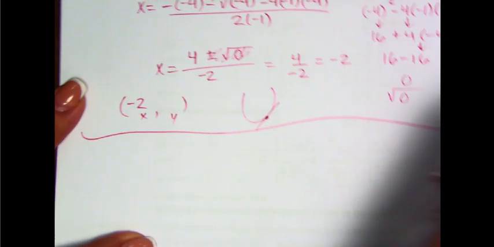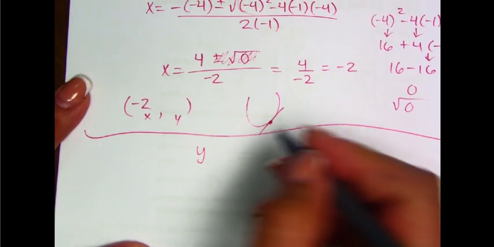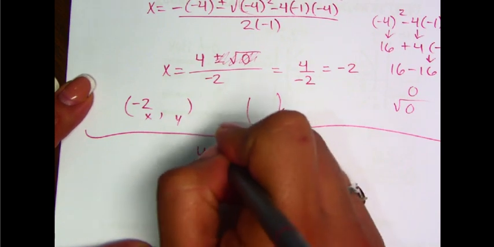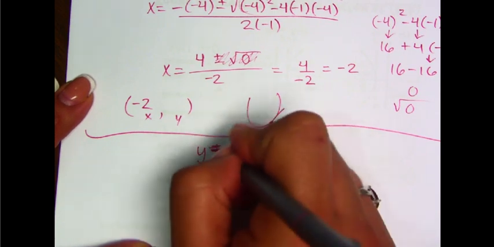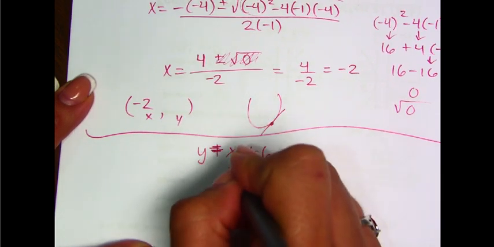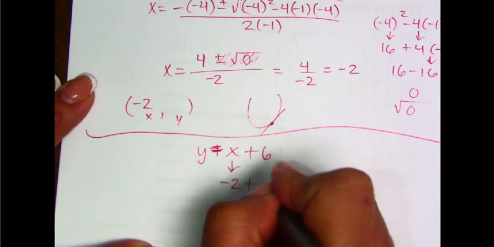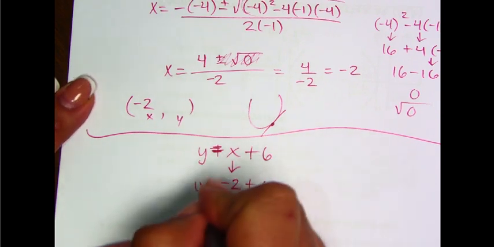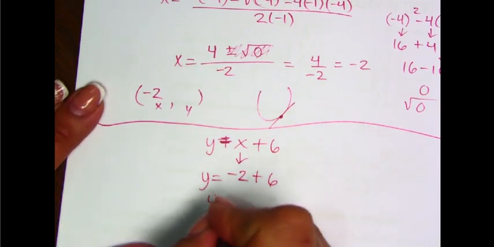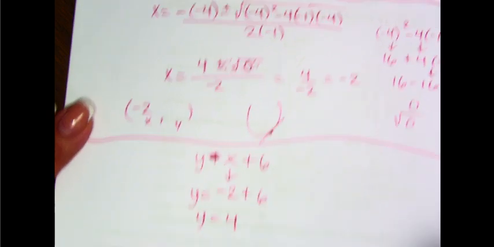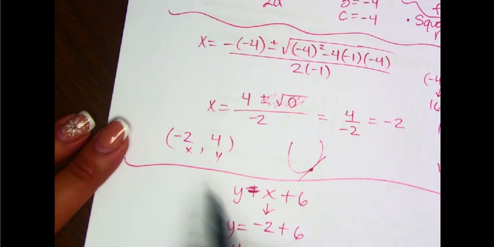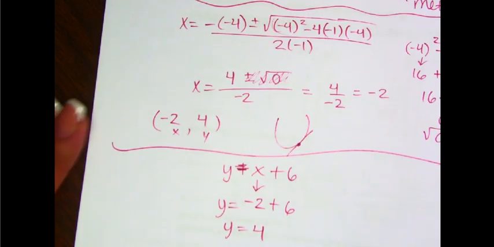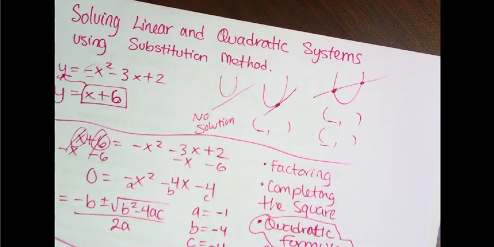So y equals x plus 6, and we substitute the negative 2 in for x. That means the y value is positive 4. So our solution is negative 2, 4. That's how you solve a system of equations using the substitution method.